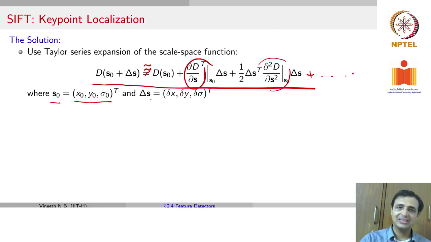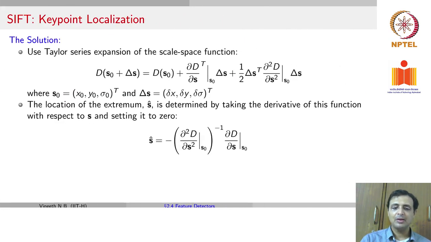Now to find out where this exactly attains the minima, we ideally have to differentiate this Taylor series expansion with respect to S, or delta S in this particular case, and solve for delta S. So we say that our solution for delta S, which we denote as S hat, is going to be given by, this is a simple derivative, you just differentiate this with respect to S. The first term's derivative will go to 0.